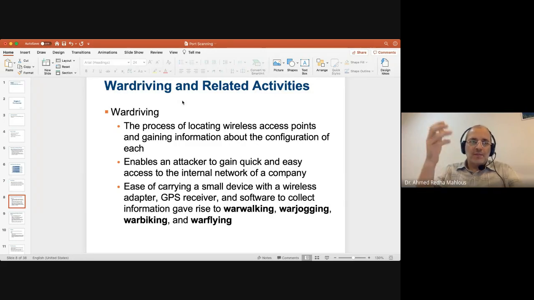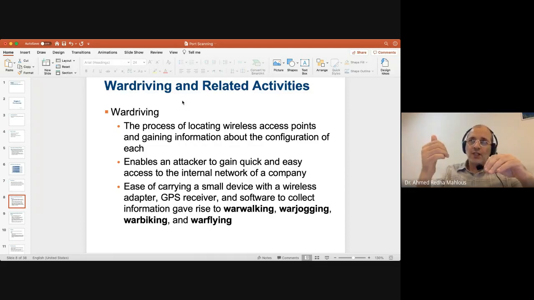That means PSU is using a wireless network, and he will drive and determine which location, which place, he can discover the existence of an access point, what type of signal, whether the signal is good or high or low.